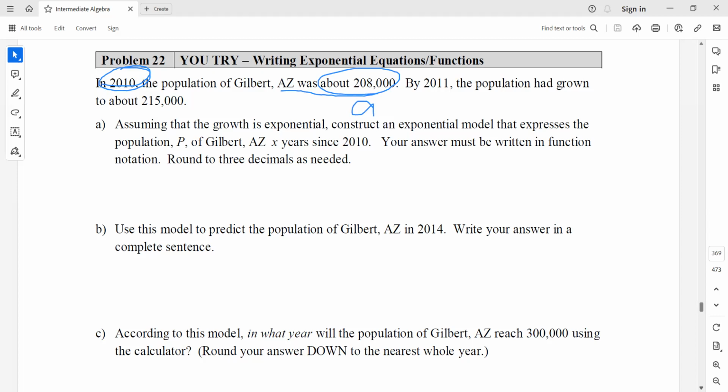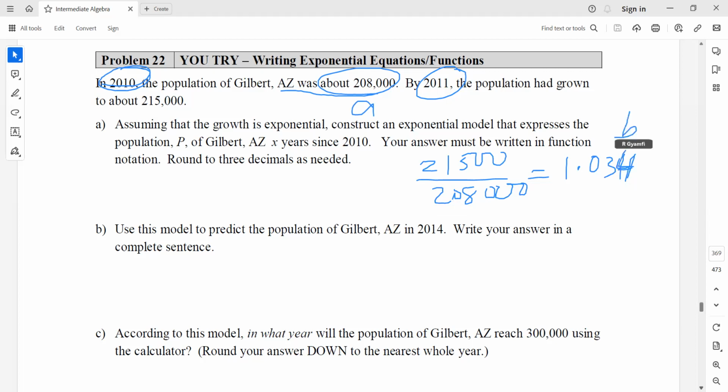We have 2010, we have 2011. So in 2011, we had 215,000, and in 2010, we had 208,000. What would this give us? It's going to give us approximately 1.034. Remember, 3 decimal places, that's what the question says. So we have our B here.